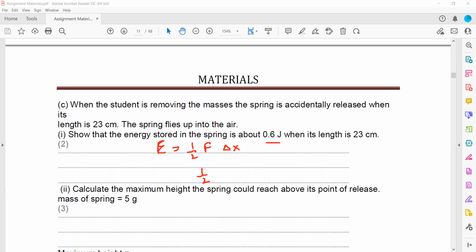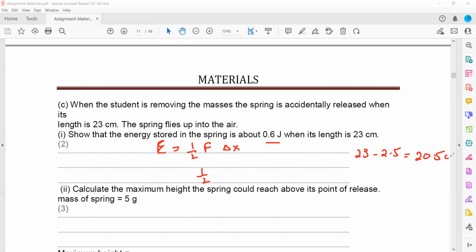So what we will do, first we'll find the extension when the length is 23, because it is half force into extension. How to get extension? Original length is 2.5, new length is 23, so it will be 23 minus 2.5, that is 20.5.